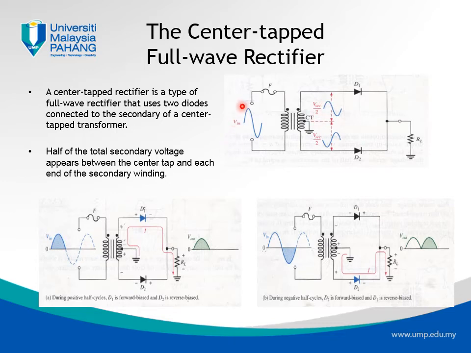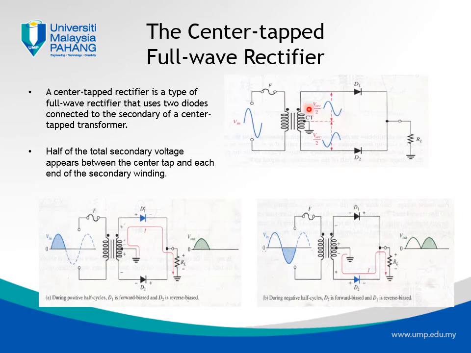Instead of having V in, the full wave V in, is now, imagine if we have a ratio of 1 to 1. If the number of coils in primary and secondary are the same, it means that if we have V in at a certain value, V out will be at the same level of peak to peak voltage. But as we tap and divide it into two, each half will have half of the peak to peak value.